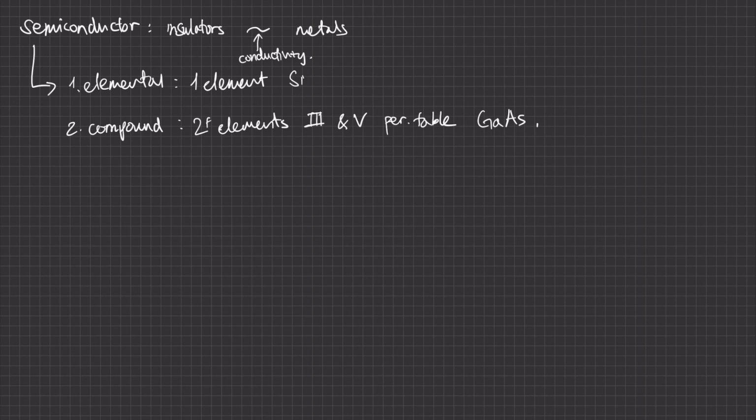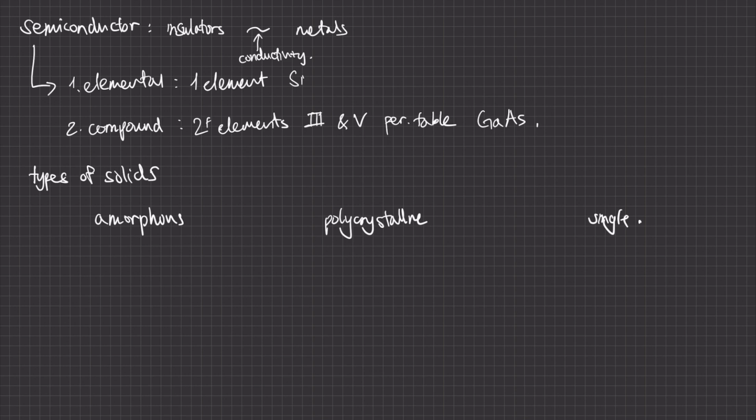And we now move on to types of solids. There are three types of solids you need to know. The first is amorphous, then polycrystalline, and finally single crystal. Amorphous is basically a solid that has atoms placed at random places that don't really align.